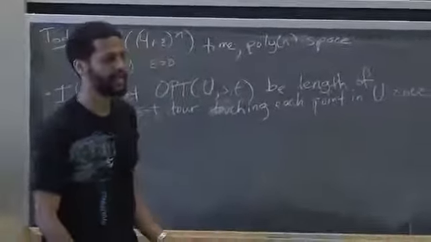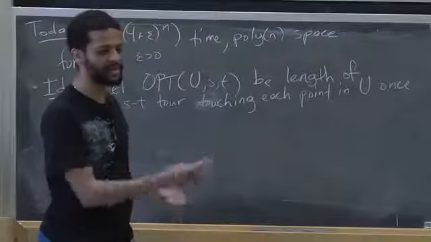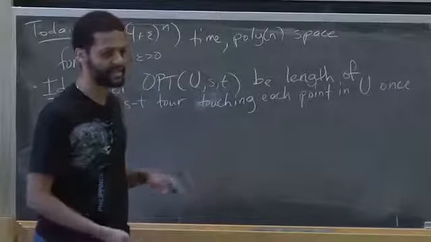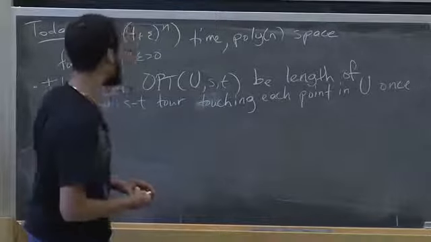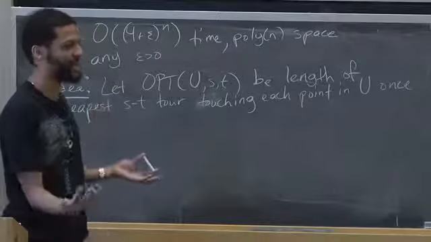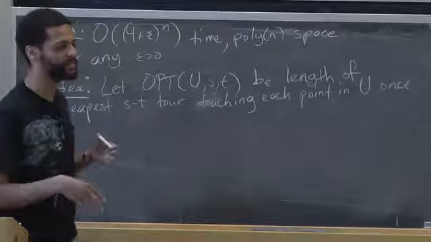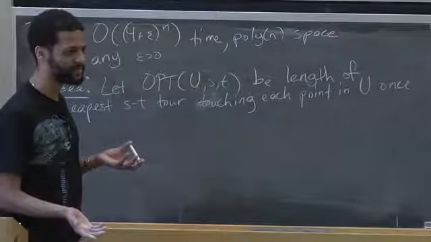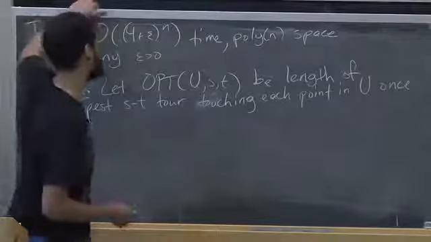And what's divide and conquer? You try to split the problem into two or multiple roughly equal pieces. So what are we going to do? Well, the first half of the tour is going to go through some set, and the second half of the tour is going to go through some other set. We don't know what those sets are, so we try all possibilities. That's the whole algorithm.